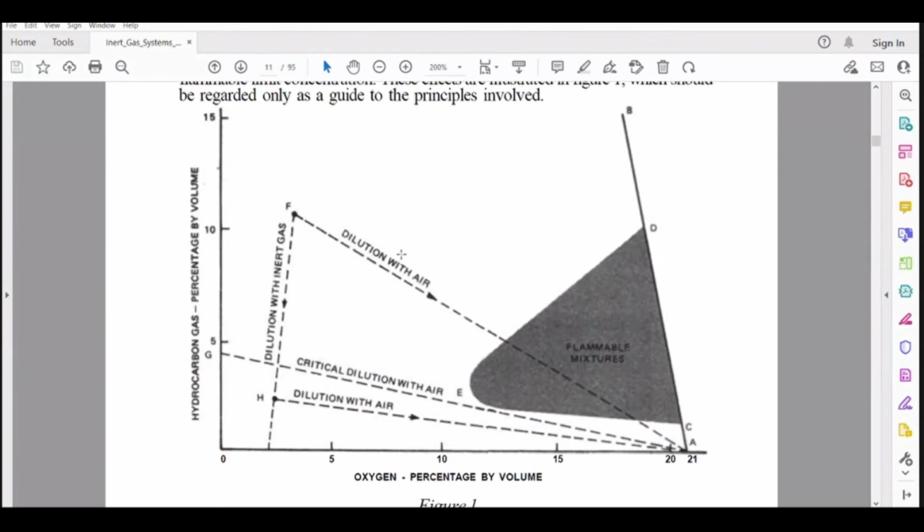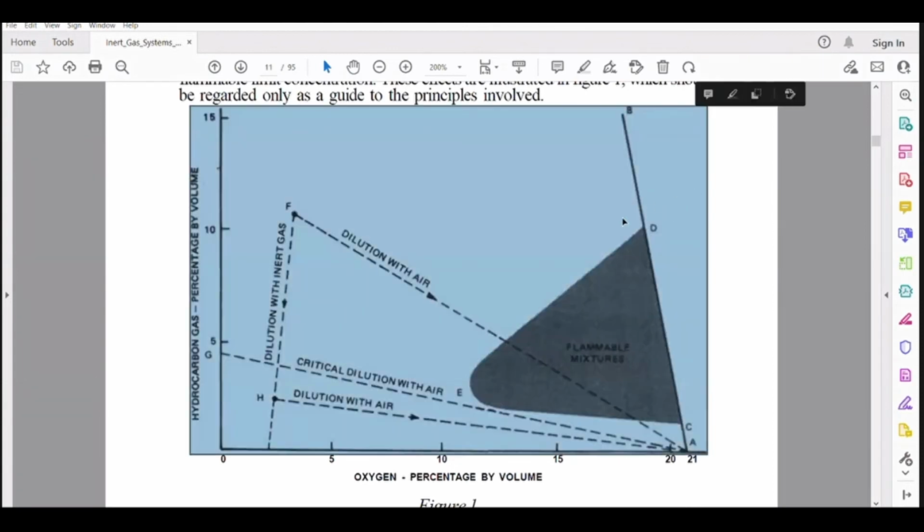So what does this dilution with air mean, and what does dilution with inert gas mean? This means nothing but direct gas freeing. Dilution with air is direct gas freeing. Dilution with inert gas is purging. So it is better to use the technical words.